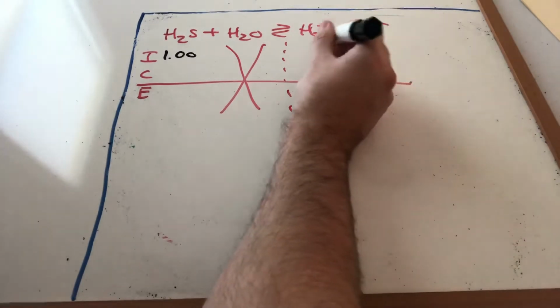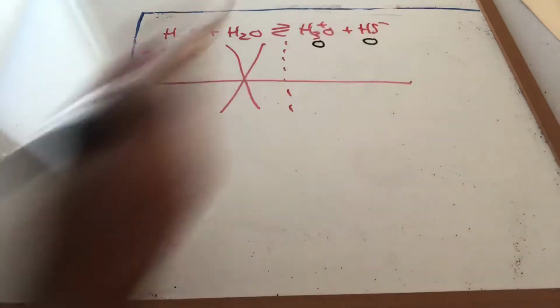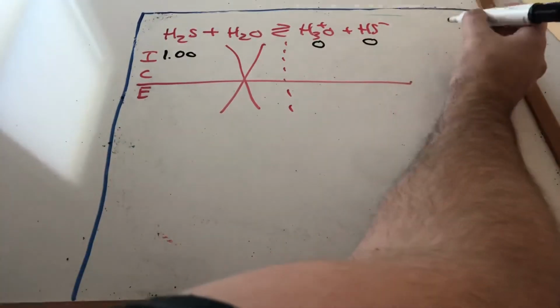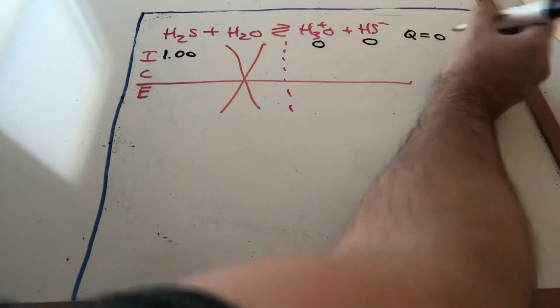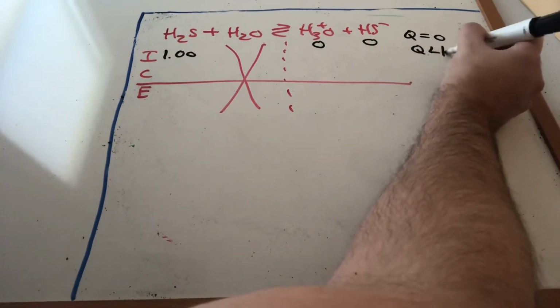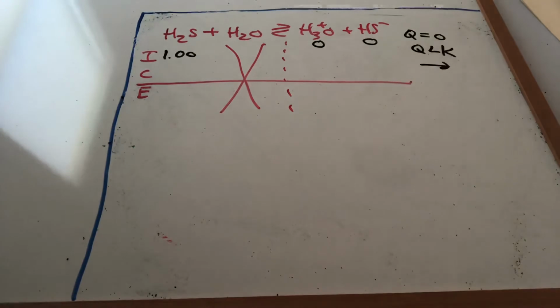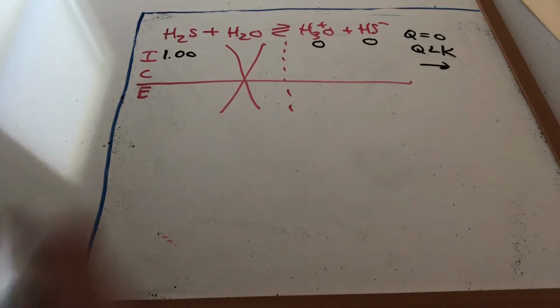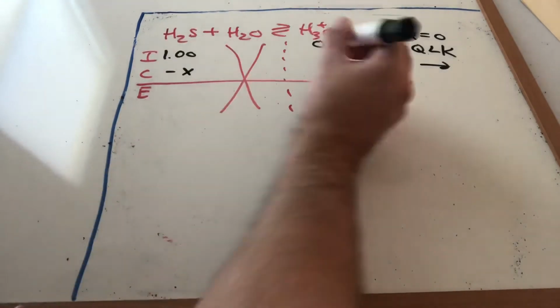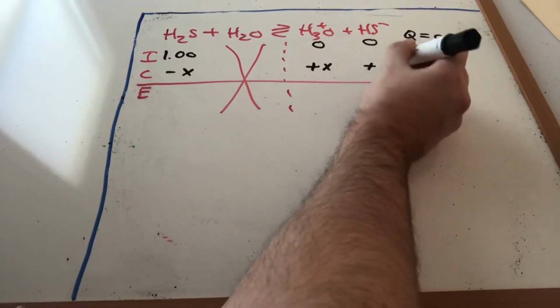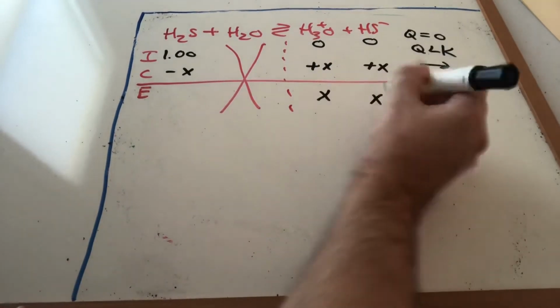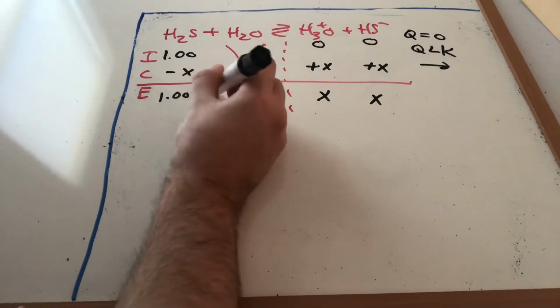Our initial concentration of H3O plus is 0. HS minus is 0. Q versus K. Q equals 0. Q is less than K. Definitely moving towards the product side, moving towards our zeros. So we're going to put a minus X here, plus X on the product side, X, X. 1.00 minus X.